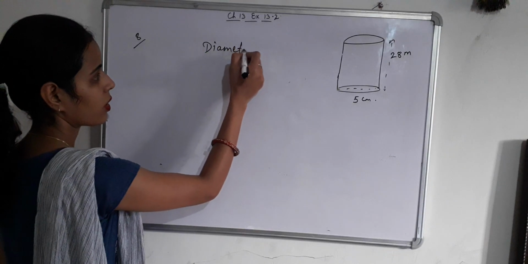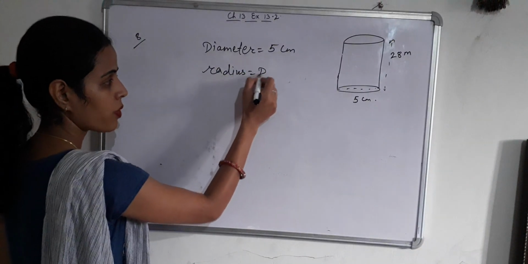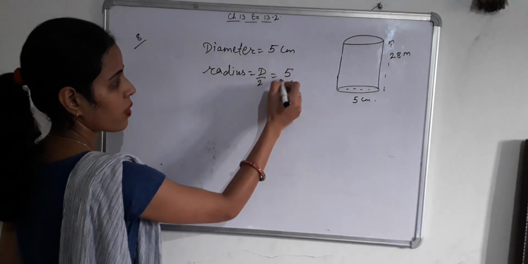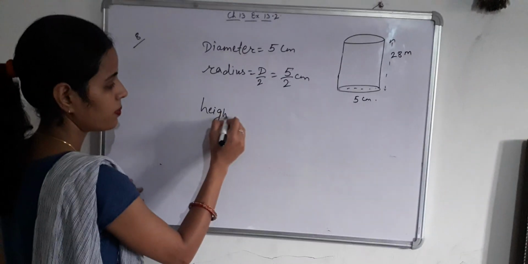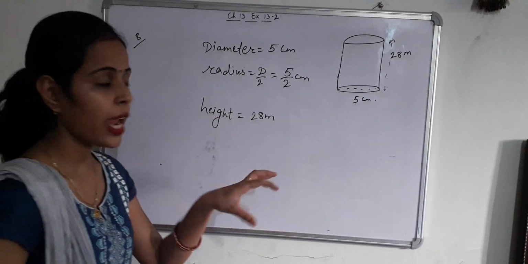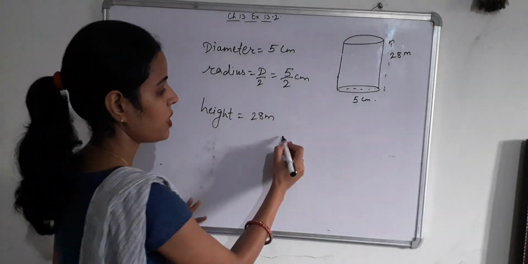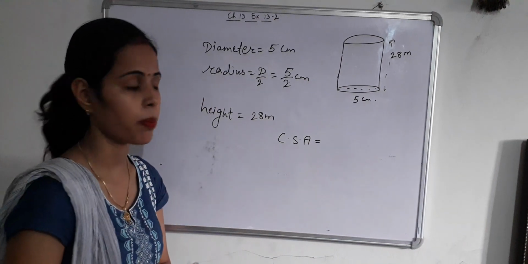Here diameter equals to 5 centimeter. Then radius will be half of diameter equals to 5 upon 2 centimeter and height equals to 28 meter. Area of that part which give radiations means covered surface area of this cylindrical pipe.